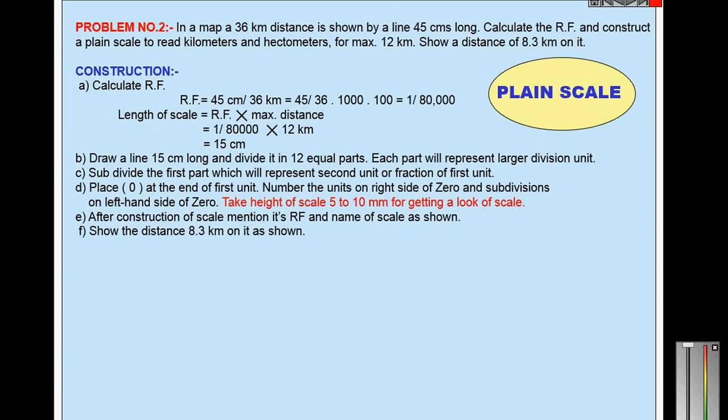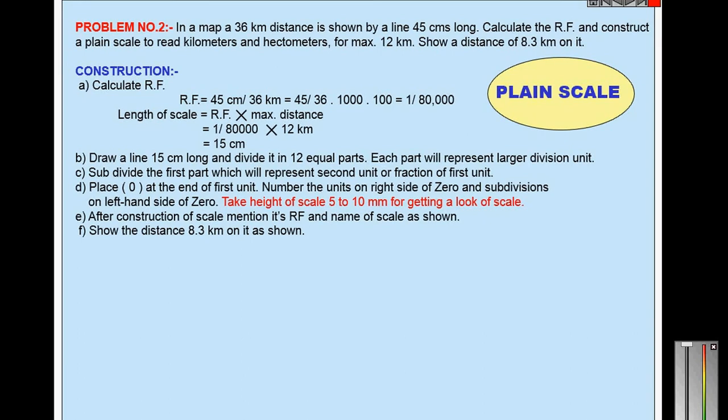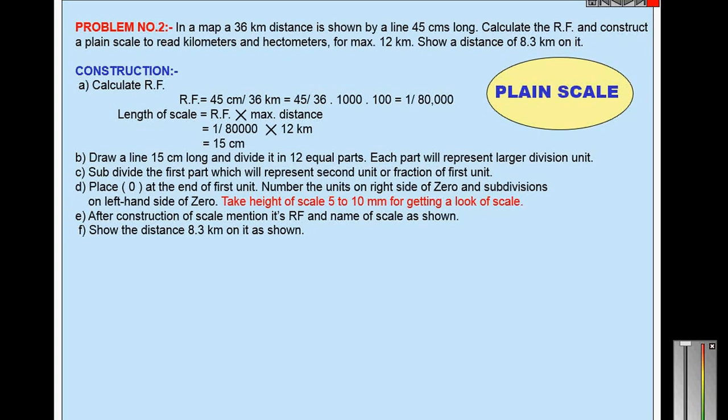So RF is equal to distance on drawing by distance on object. So distance on drawing is 45 centimeter and distance on object is 36 kilometer. So 45 divided by 36, and the numerator and denominator have different units, so convert them into the same units, and you will get the RF is 1 by 80,000.